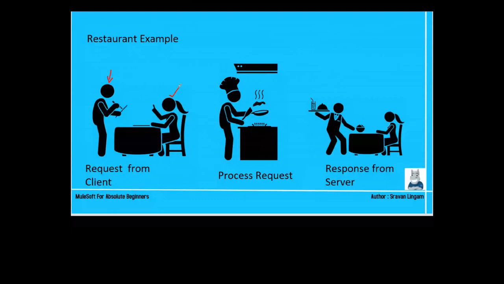The processing is going to be done by the server, where the chef is going to prepare the food for you, and then again our HTTP client is going to send the response to us, saying okay, this is what you have ordered. This is the response we are getting from our server. So this is the simple example that Shravan has given us.